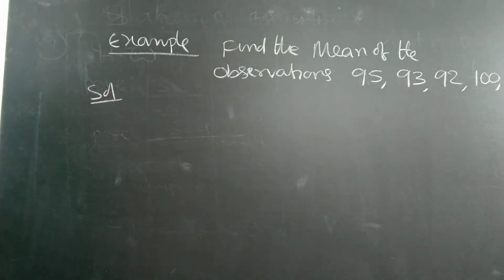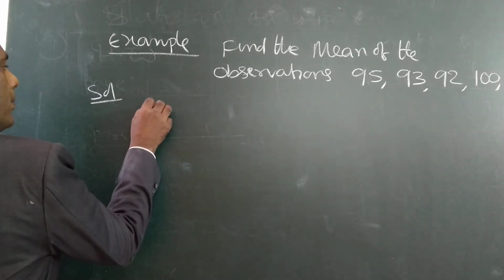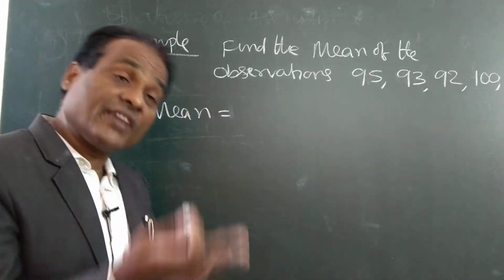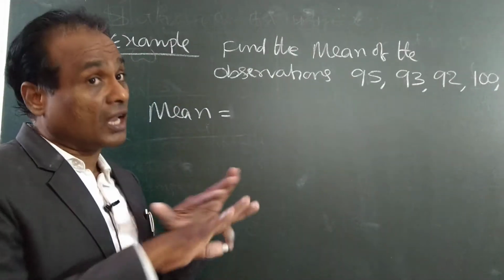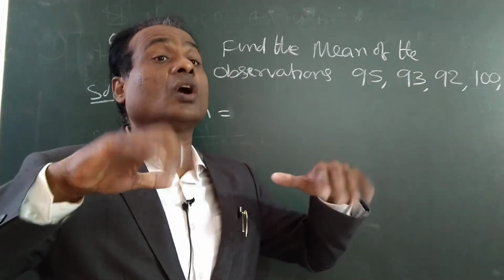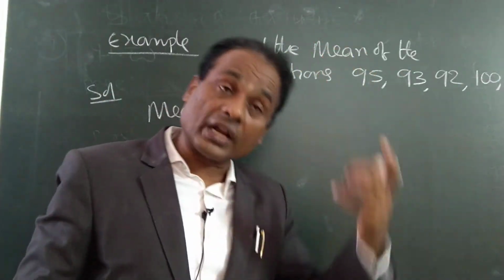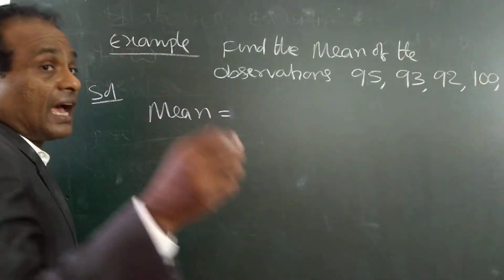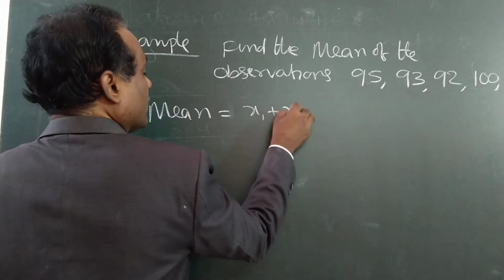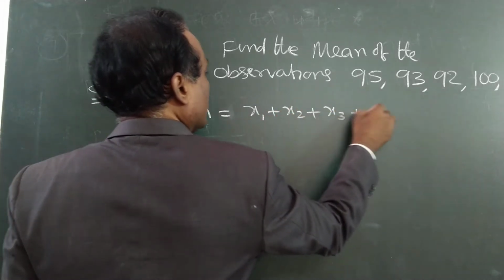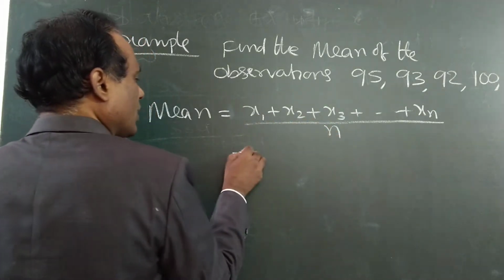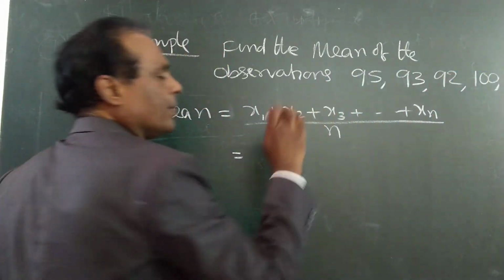Solution. Mean or average, both are same. Mean, average or arithmetic mean, all are same. If ungrouped data, raw data is given, if it is not in systematic order, if it is not a table, how to find the mean? I gave the formula: sum of the observations, x1 plus x2 plus x3 plus so on up to xn, divided by n. Sum of all the observations by number of observations.